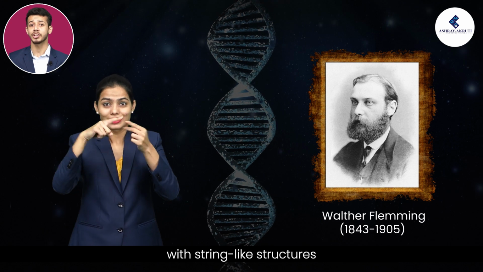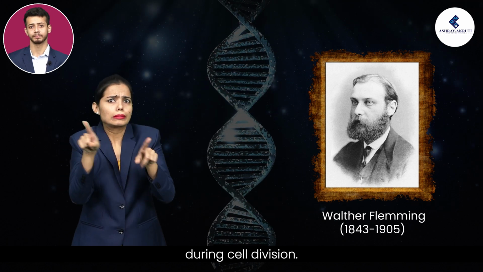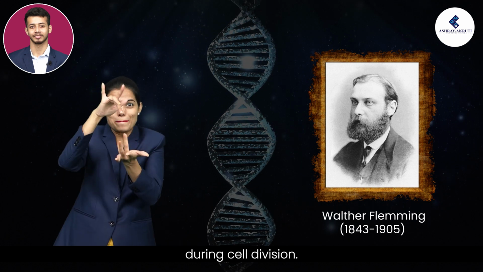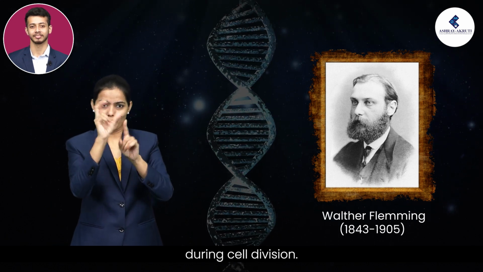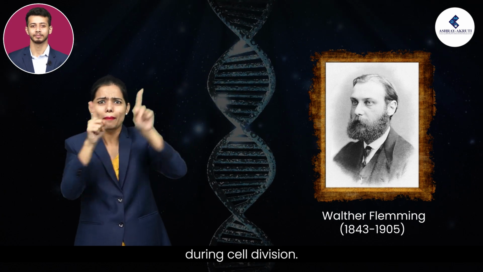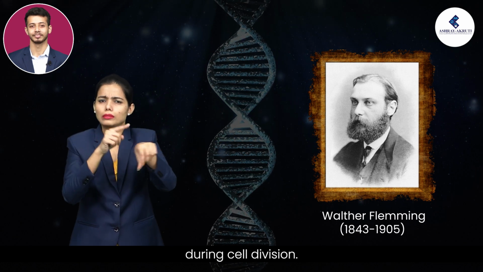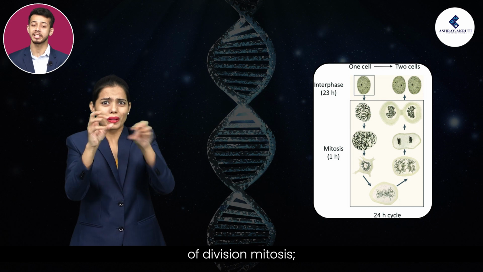In 1879, Walter Fleming observed cells with string-like structures in the nucleus split longitudinally during cell division. He named such a process of division mitosis.